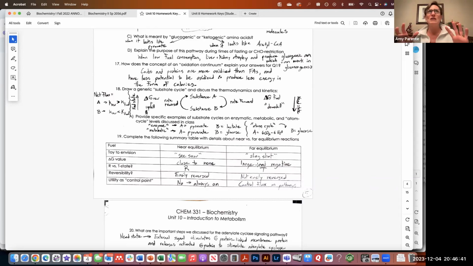So because it's been put into a T state and it's kind of off, everything upstream of it sort of builds up. And so we're building up thermodynamic pressure, which is why it's large and negative. And so because we have the ability to turn the faucet off at that point, that's why it's a control point, because we have the ability to turn that enzyme on and off.